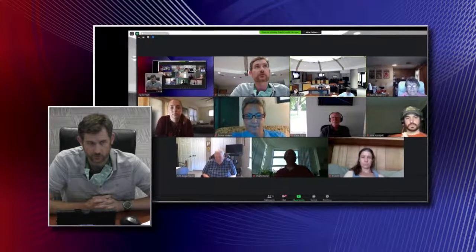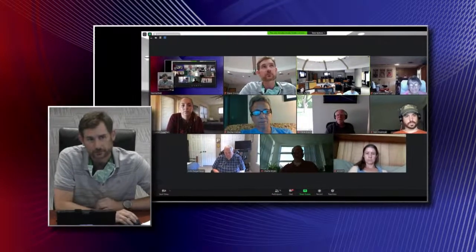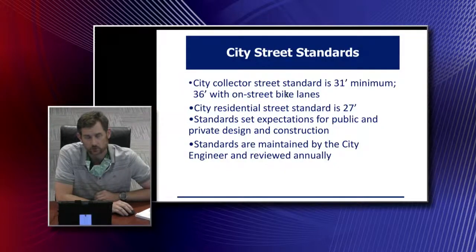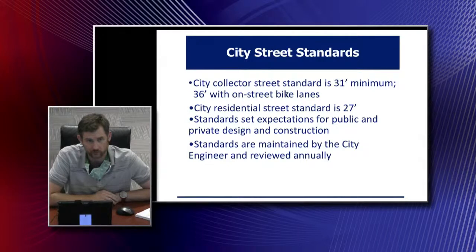But at least in reference to Lawrence's collector street standards, for as long as I've been around, since 2007, they've been 31 feet and 36 feet for a collector street and 27 feet for a residential. So at least for Lawrence, they've been that way for any new street that's been reconstructed.